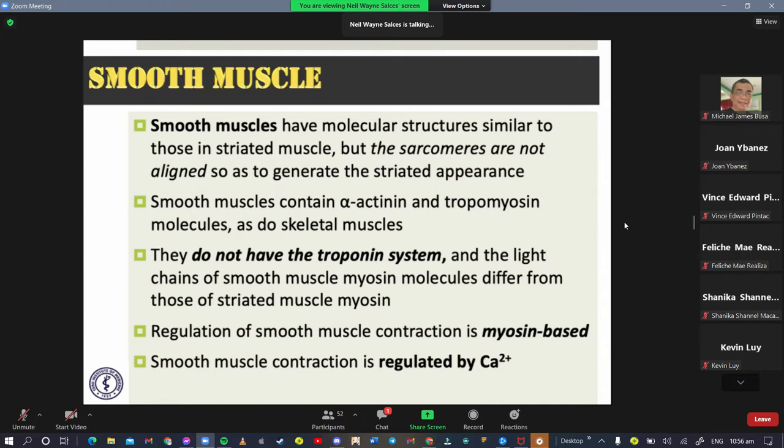So the regulation of the smooth muscle contraction is myosin based, and this is also regulated by your calcium.